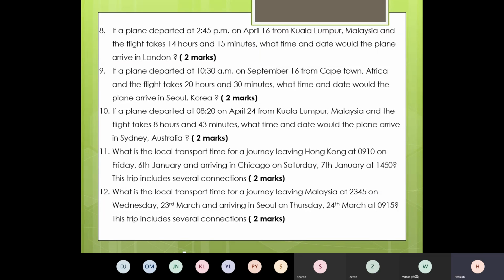So what is the local transport time for a journey leaving Hong Kong at 9:10 on Friday, 6 January, and arriving Chicago on Saturday, 7 January at 14:15.